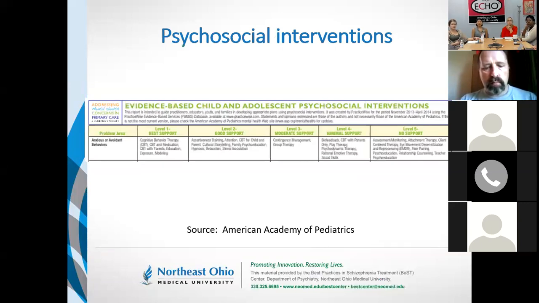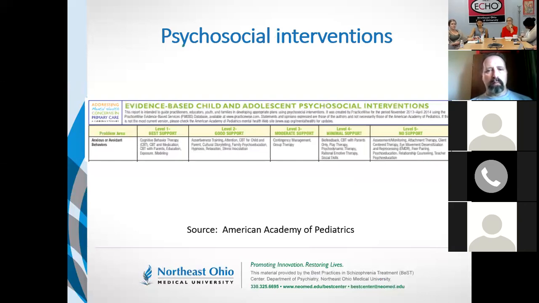So it might sound surprising the way that they've labeled some of these interventions, but they're not saying that the methods listed in levels 2 through 5 are not helpful or not valuable. The way that they've labeled these categories is based on the amount of evidence supporting them.